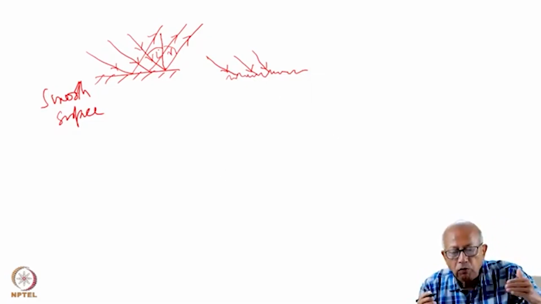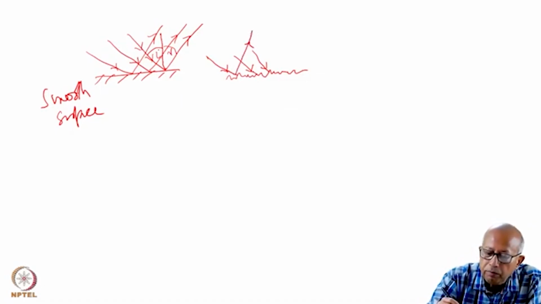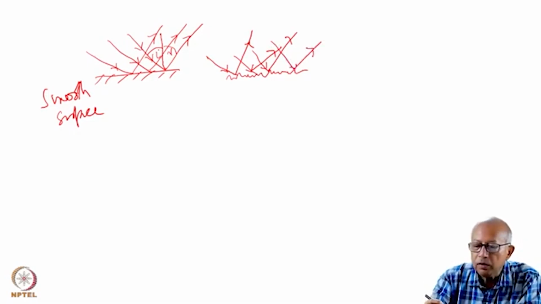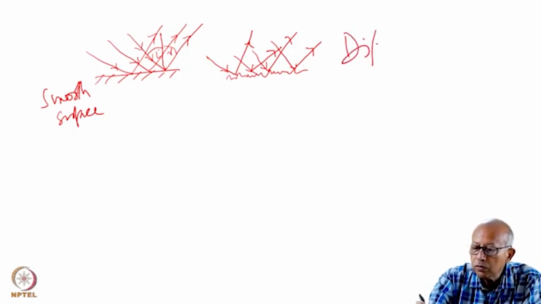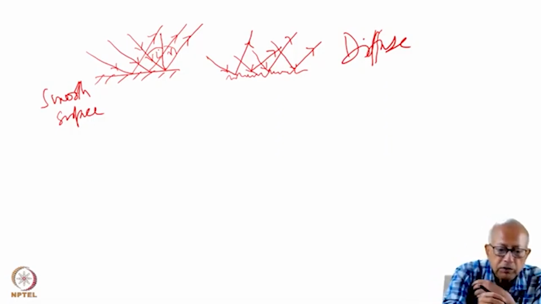But if you see overall, because the angle of incidence is different, the reflected light will travel in different directions. Such reflection is normally termed as diffuse reflection or non-specular reflection. This is specular.